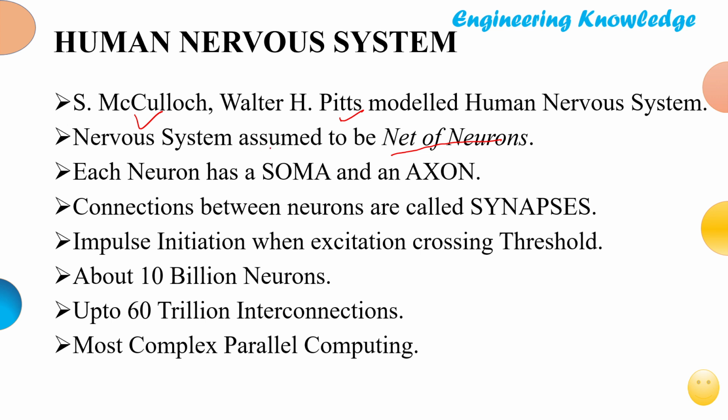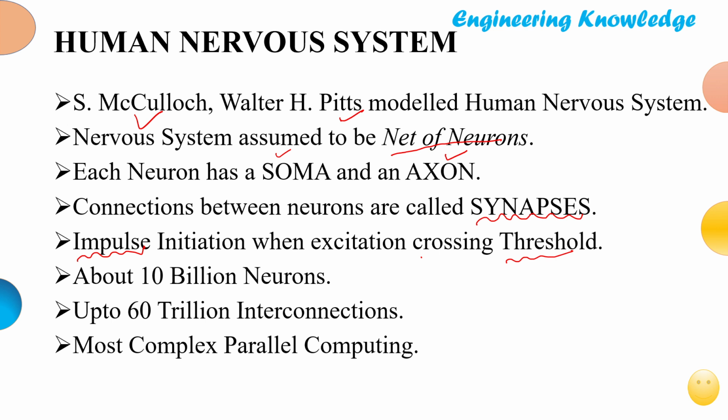Their starting and end points were called soma and axons, and soma and axons were said to be connected through synapses. And what happens is that whenever there is an impulse initiation, whenever we think that we want to do something, that excites, and if that excitation crosses some given threshold, then it gets activated, and that activation comes in the form of actuation.